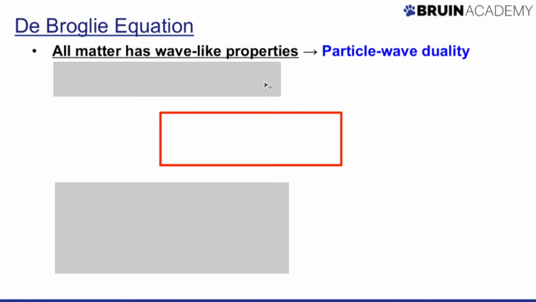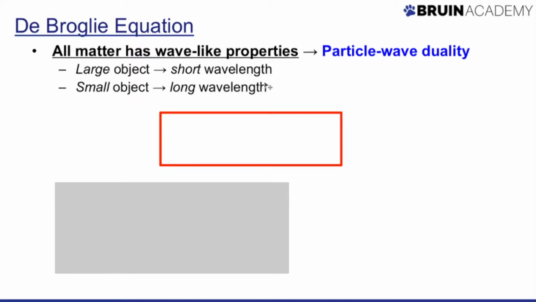It turns out that very large objects have very small wavelengths. So it's hard to detect it. So the larger something is, the shorter the wavelength. So that corresponds to a short wavelength. If you have something that's very small, however, like a proton or electron or a photon, the wavelength is much longer.